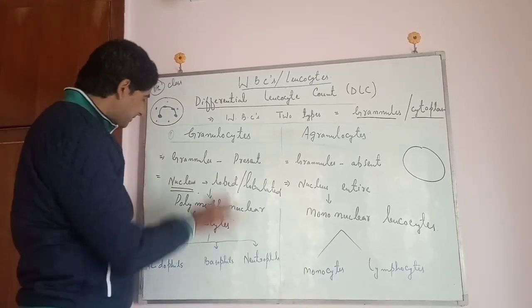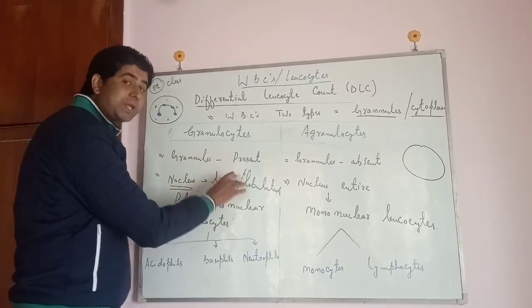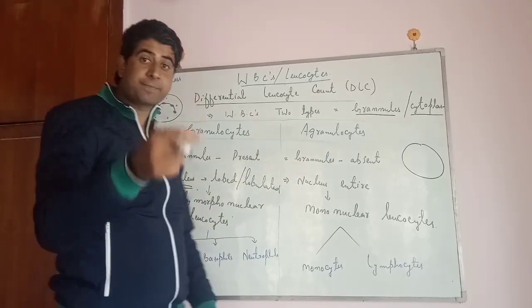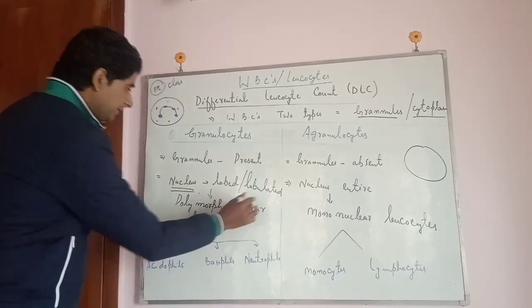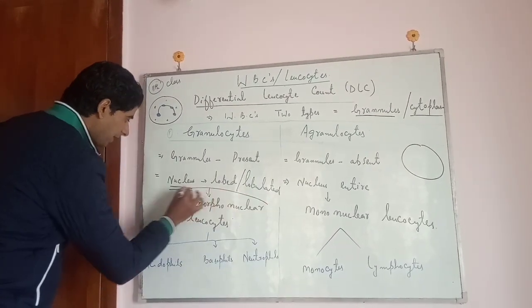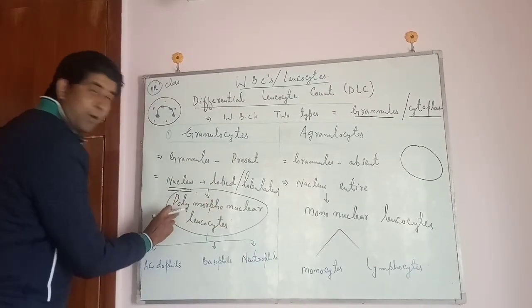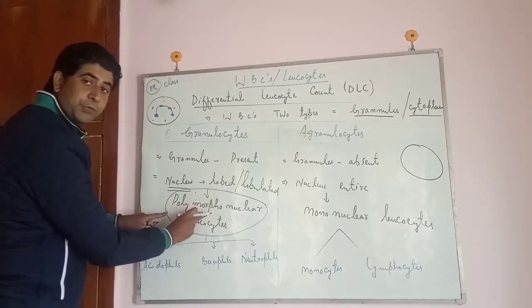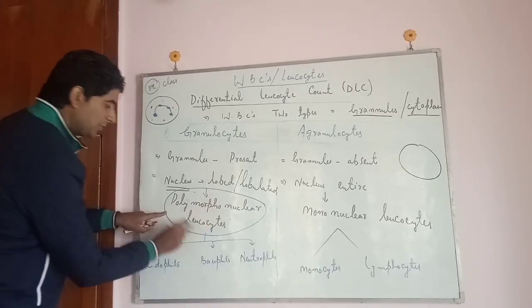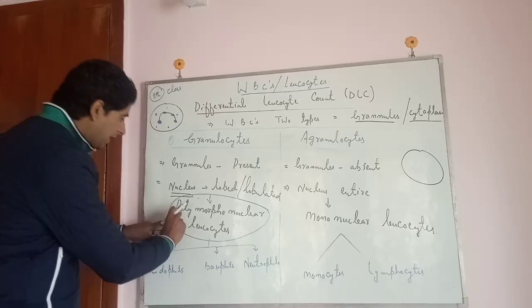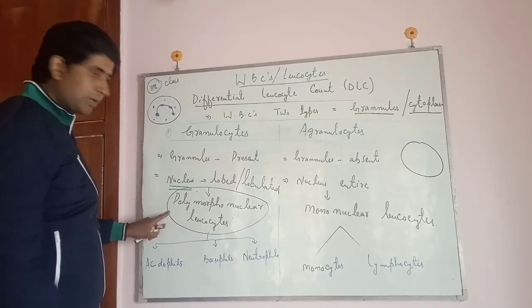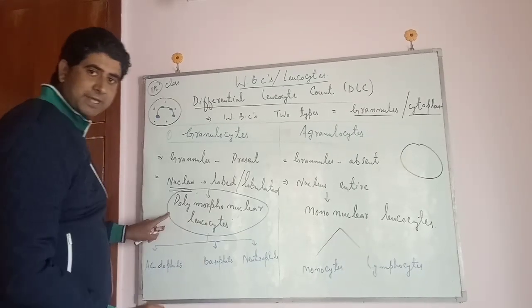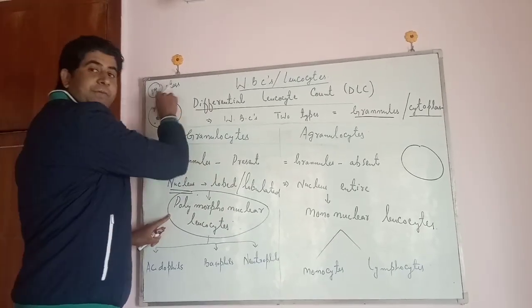So that means the shape of their nucleus varies, depends upon the presence of the lobes. So accordingly, these granulocytes have also been termed as polymorphonuclear leukocytes.